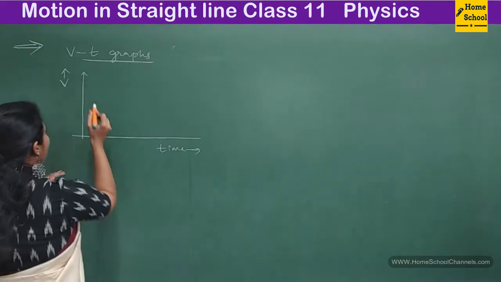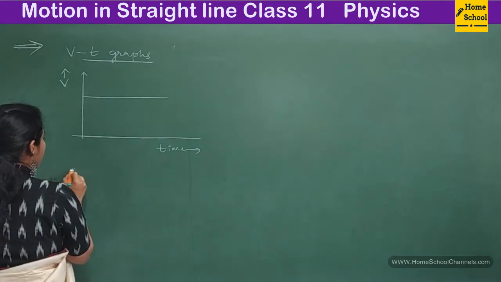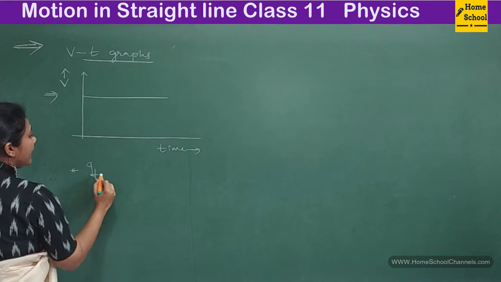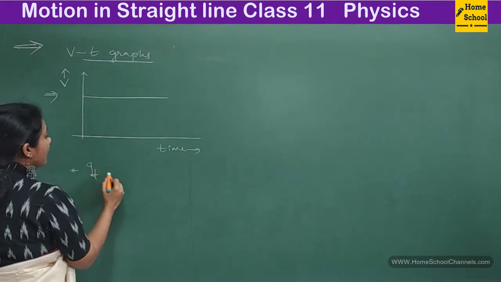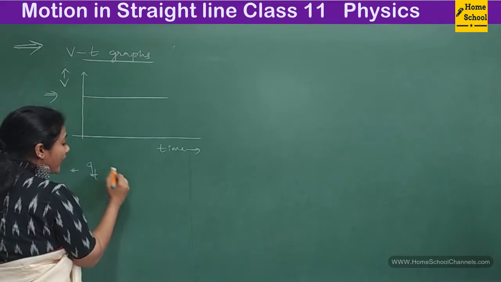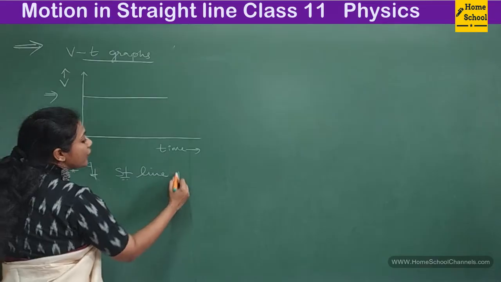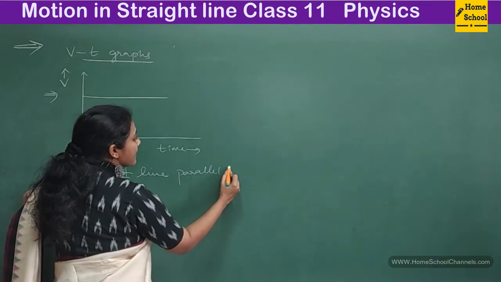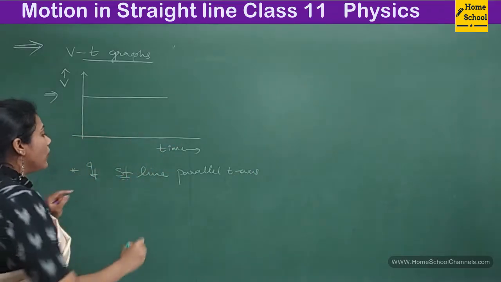See, if you have a VT graph of the first type, a straight line parallel to the t axis, that is the time axis, then what does it mean?